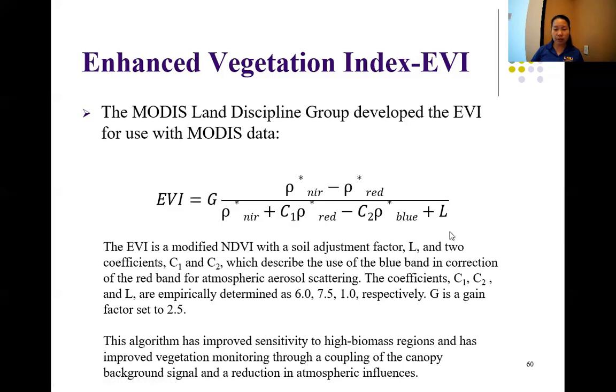They found that this method has improved sensitivity to high biomass regions, which means that if you do have the saturation problem for NDVI, this could be one of the methods that is useful. This method also has improved vegetation monitoring through a coupling of canopy background signal and a reduction in atmospheric influences.